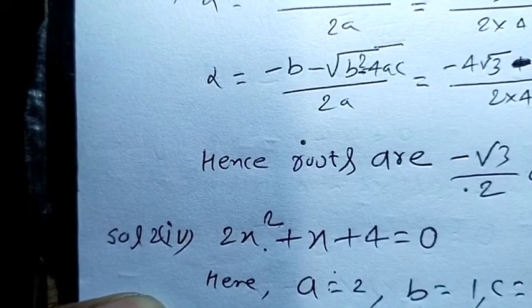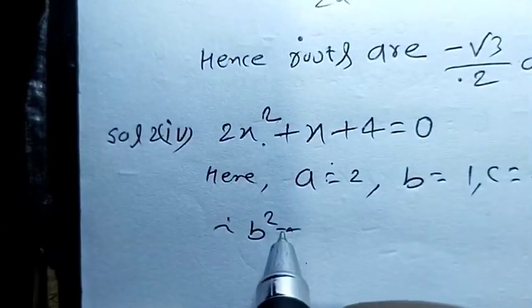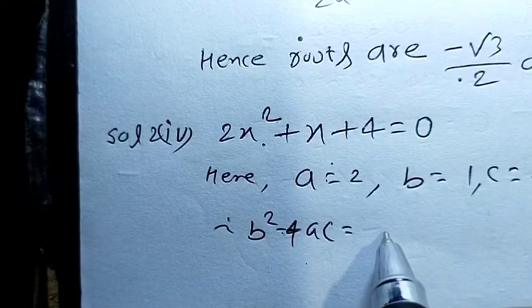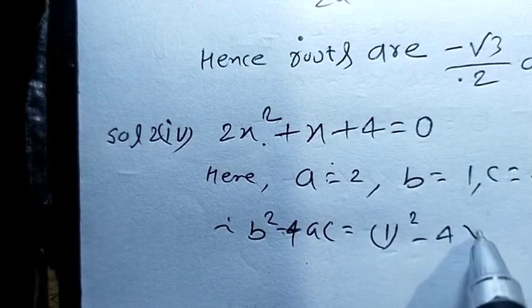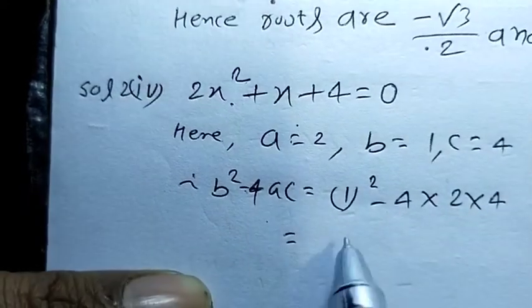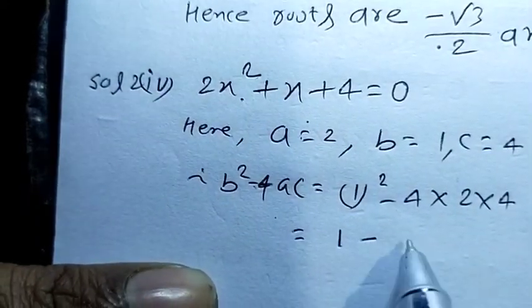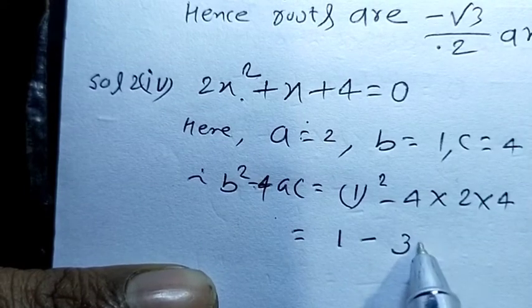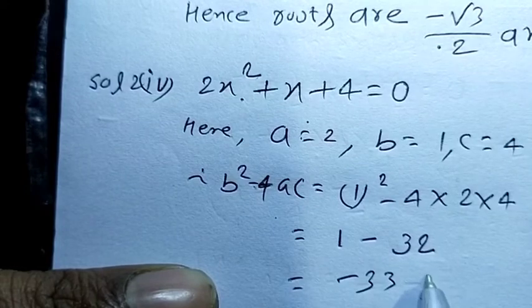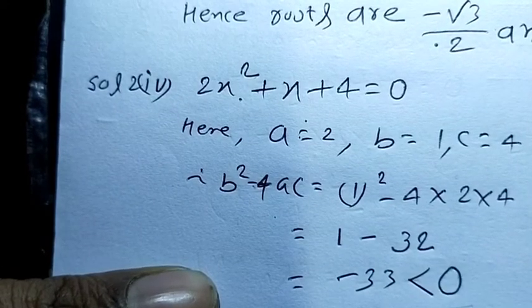Therefore b square minus 4ac is equal to 1 square minus 4 into 2 into 4. That is 1 minus 32, that is minus 31. This is less than 0.